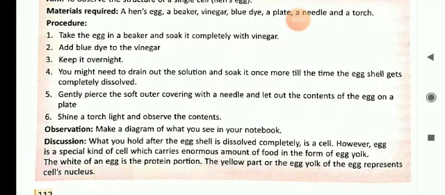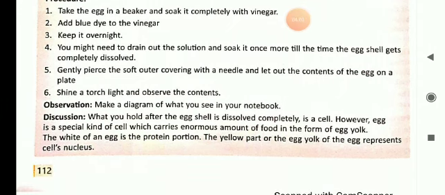You might need to drain out the solution and soak it once more till the egg shell gets completely dissolved. As it is vinegar, the egg shell will completely dissolve in this solution. So one more time we have to soak it after draining out the solution. And then gently pierce the soft outer covering with a needle.